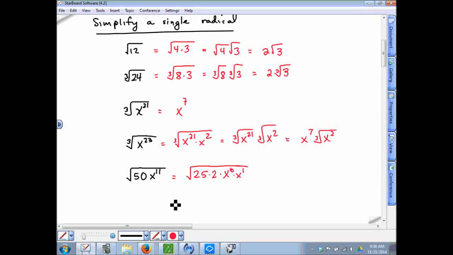So what is the square root of 25? So I'm going to move a 5 out here. 5 and then the x to the 10th becomes x to the 5th. Root 2x. And then the 2 and the x have to stay on the inside, because those don't simplify.